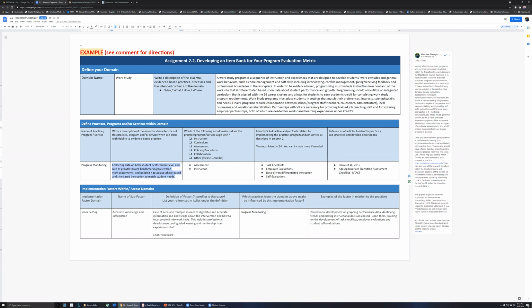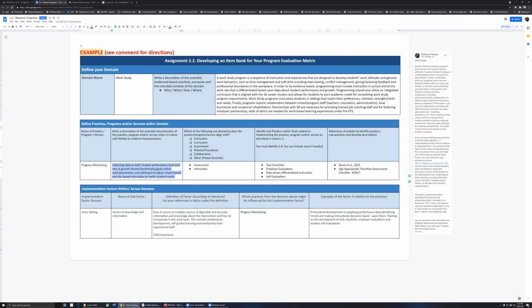So the articles will tell you that in order to do this in a way that supports positive post-school outcomes for this particular outcome, it has to be done this way. This is what literature has tested and showed works. So you're going to be writing a description of when it's done with fidelity. For this example, when progress monitoring is done with fidelity, what does it look like? It's only going to be a sentence or two. It doesn't have to be this big, long thing, but you're going to write it to be succinct and to have those essential characteristics.